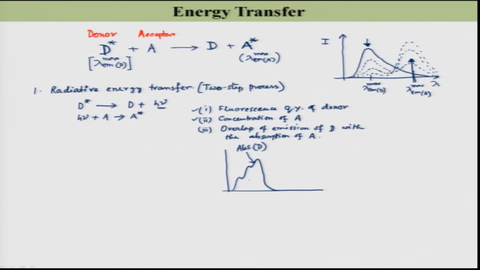Suppose you are exciting at the maxima, so here is your lambda excitation. Then you will get the corresponding emission spectra of this. Let us say this is the emission spectra of the donor.